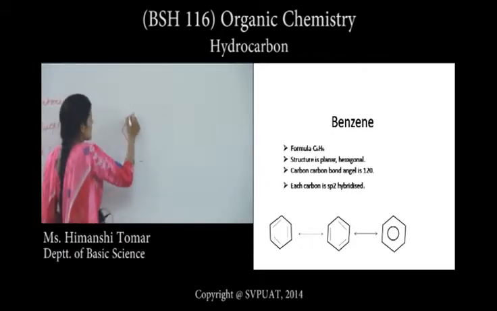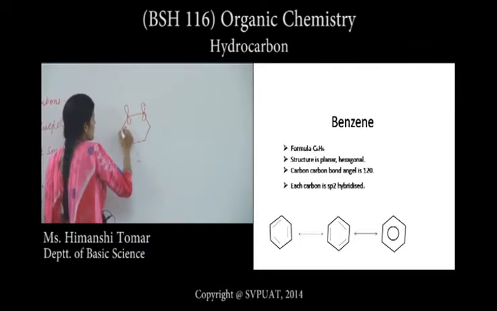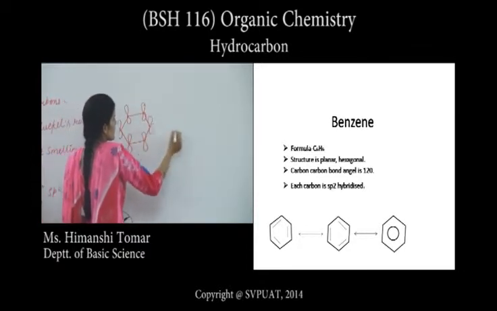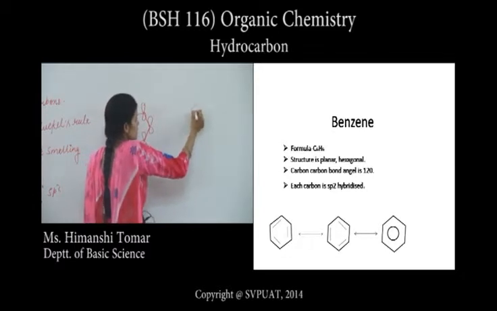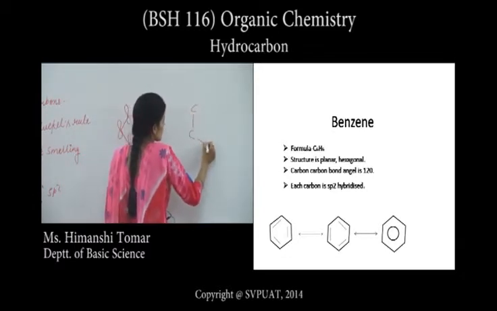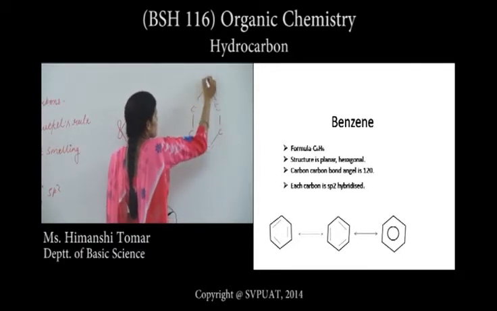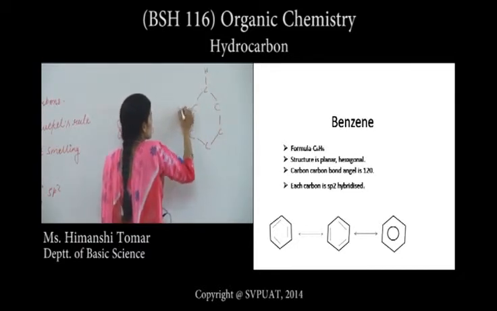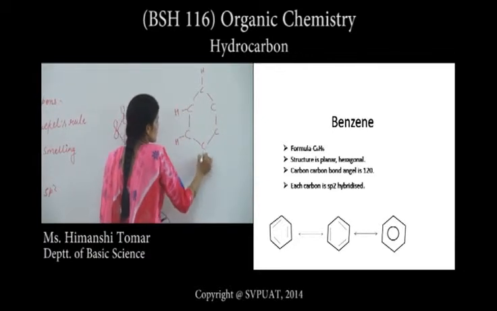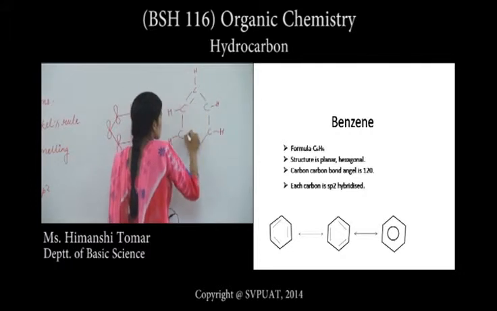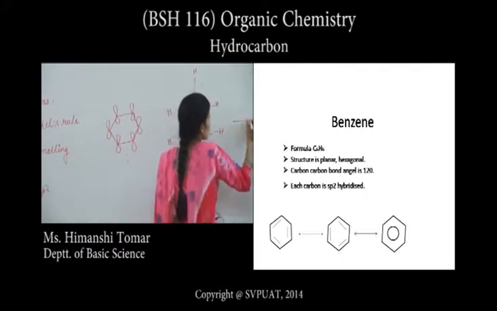If we draw the structure of benzene like this, there are hydrogen atoms in the plane like this. Each carbon contains one hydrogen atom.